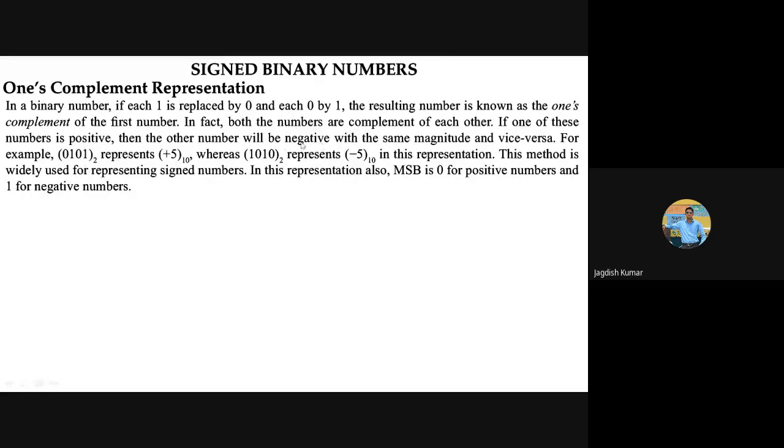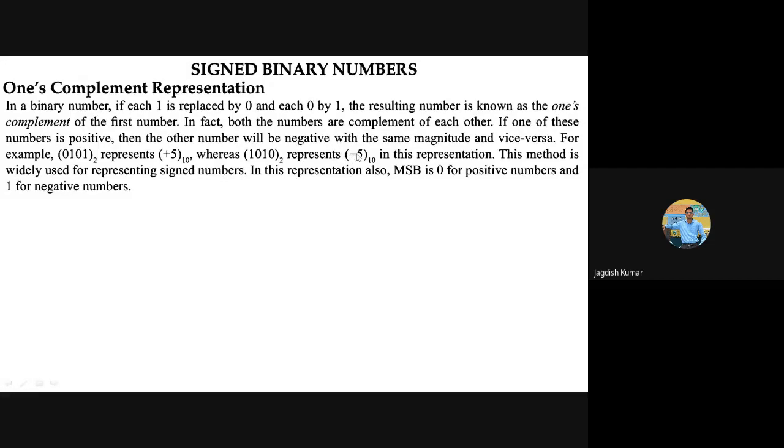For example, in this case, suppose somebody gave you this number and told you that this is a number in ones complement representation. What is this number? Now, since the most significant bit is 1, you can't directly apply that rule of 2 raised to the power 0, 2 raised to power 1, 2 raised to 2. No. One thing is clear, that this number is negative, so we can place a minus sign. From this, as such, we can get this information only.